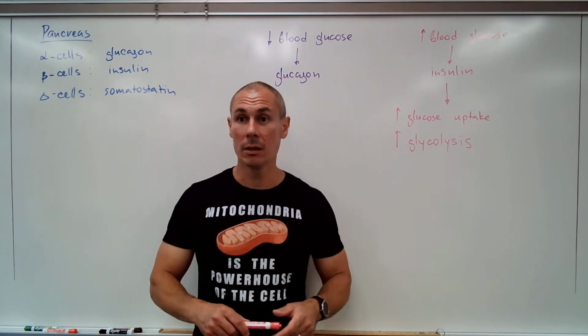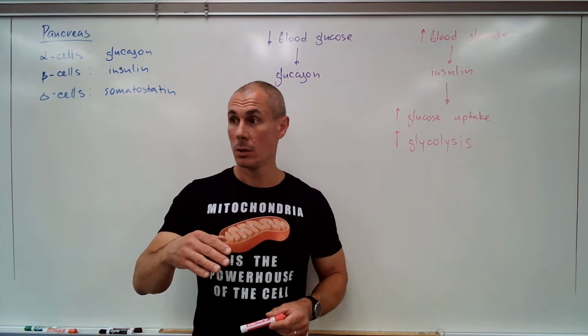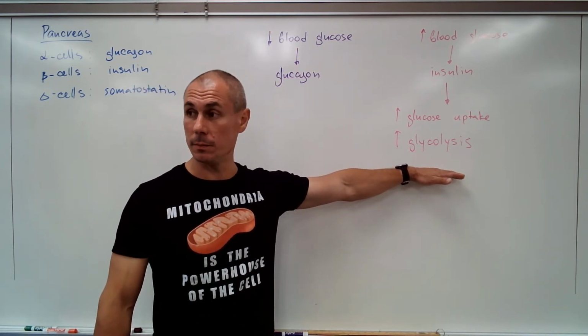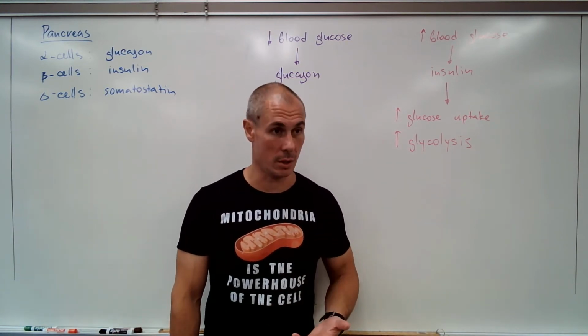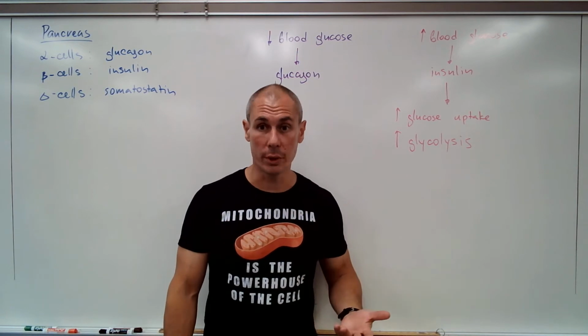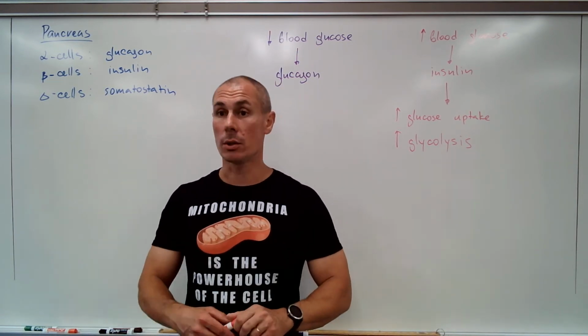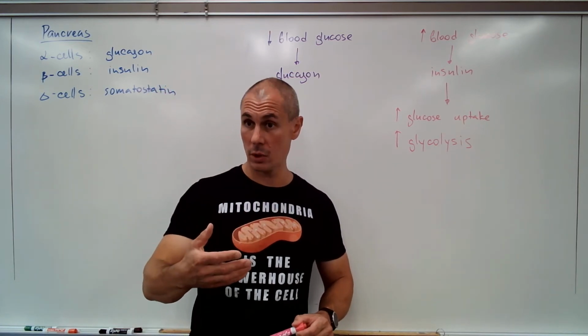Now let's say glucose keeps coming. So it satisfies all your needs in terms of glycolysis, but you have some extra. If you have some extra of, let's say, food, what do you do with it? Bingo. So you're going to store it in two forms. One form is glycogen, okay?